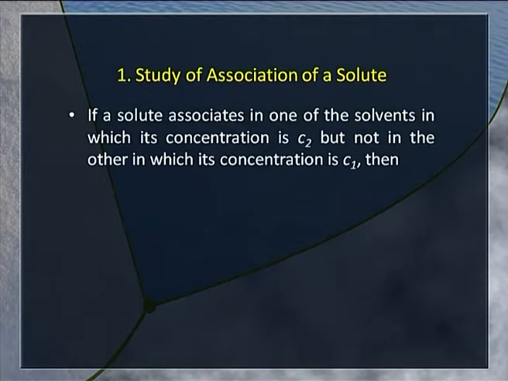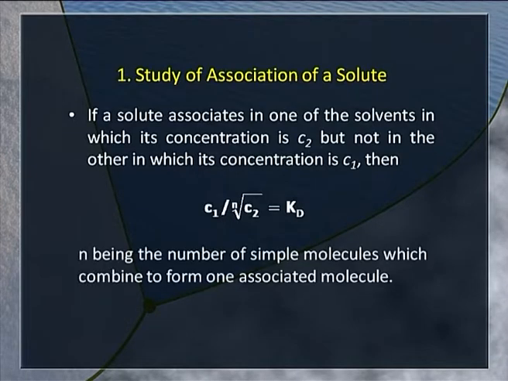If a solute associates in one of the solvents in which its concentration is C2, but not in the other solvent in which its concentration is C1, then we can write C1 upon nth root of C2 is equal to Kd. Kd is the partition coefficient. N being the number of simple molecules which combine to form one associated molecule, like a dimer, a trimer, etc.